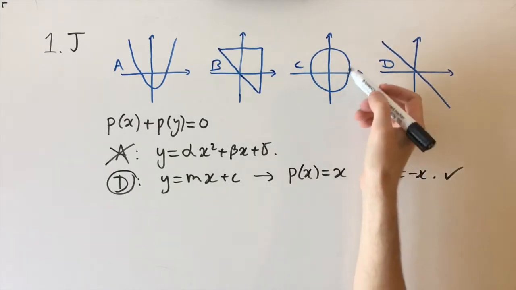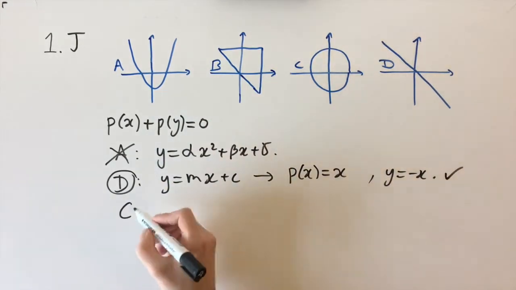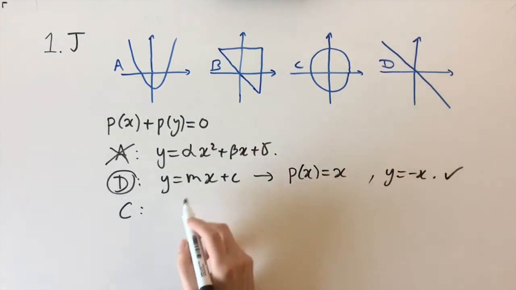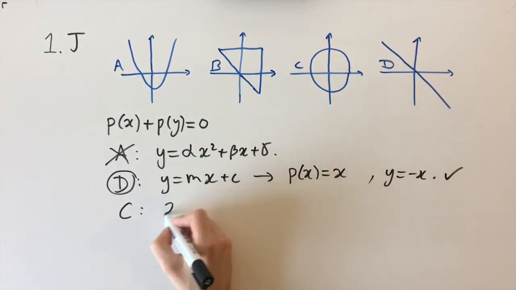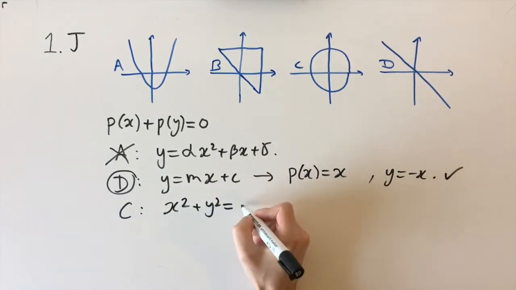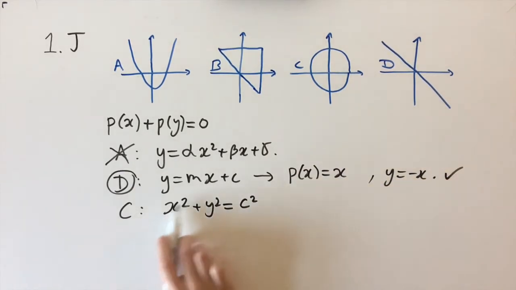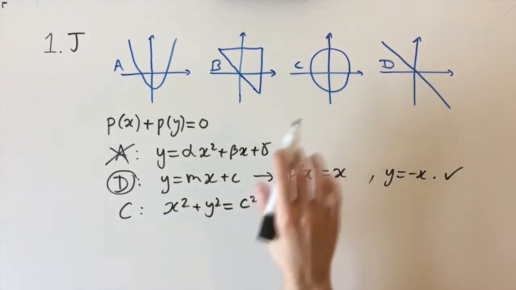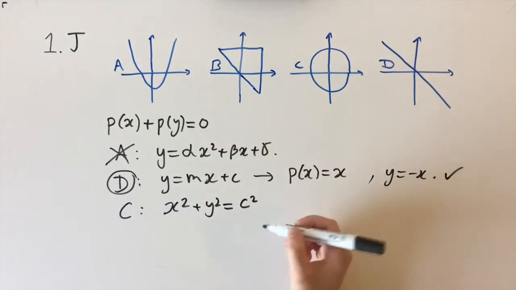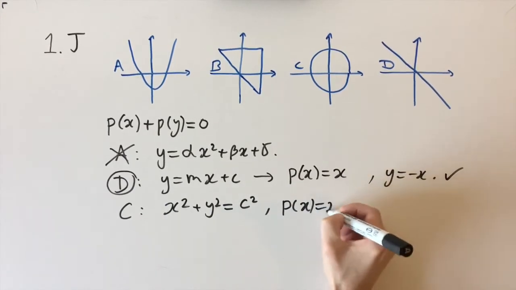We can also look at C. So this is a circle. This is a bit easier than that one. So C, this is a circle, so it's always going to be of the form x squared plus y squared equals a constant, c squared, for example. So we also see that the powers of x and y are the same, so this leads us to think we can generate this graph from a polynomial. And we can take p of x equals x squared.